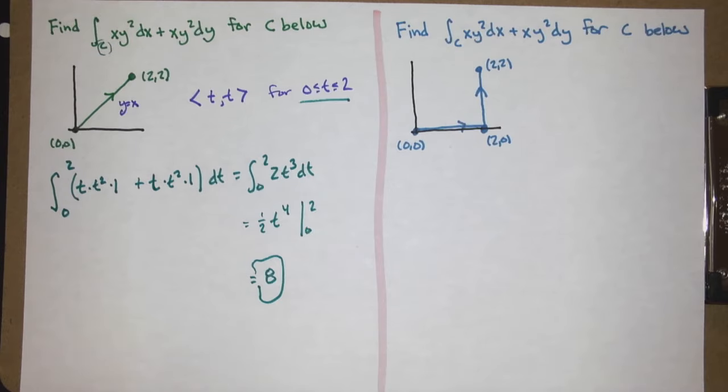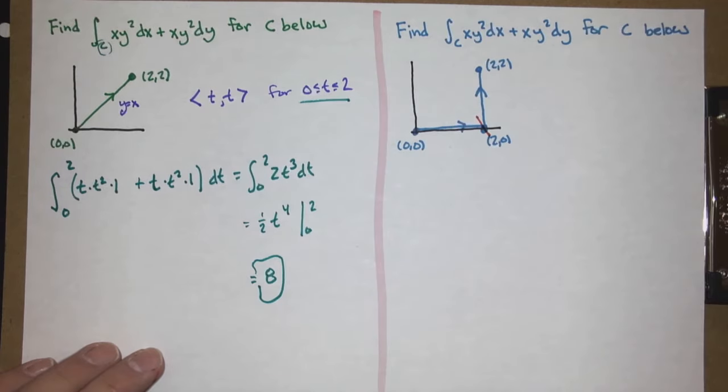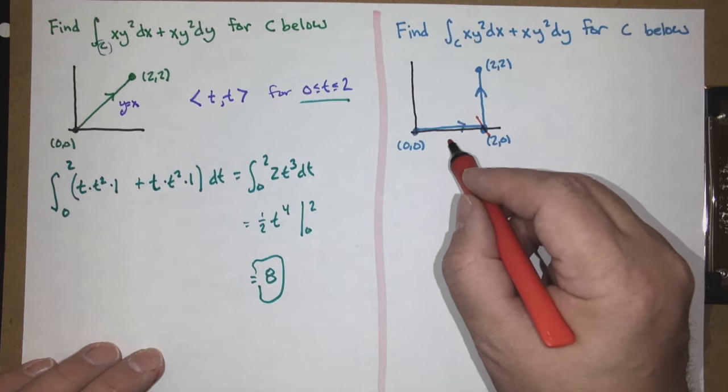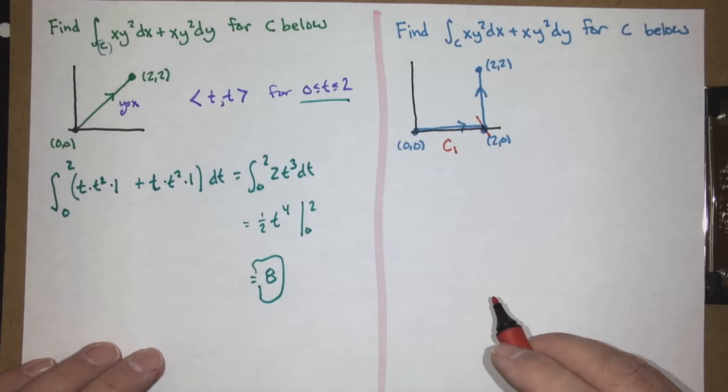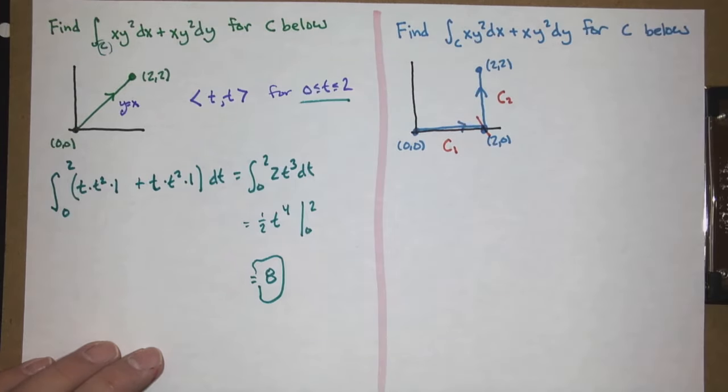Well, we have fancy technology called split it into two problems. So let's think of it as two parts. We'll move first horizontally, and then second vertically. So if I want to find the total, I can just see what happens on C1, and see what happens on C2. We put the two together, life is good.